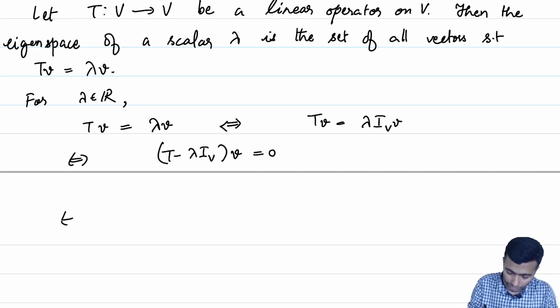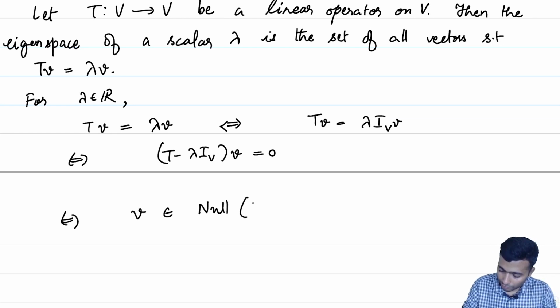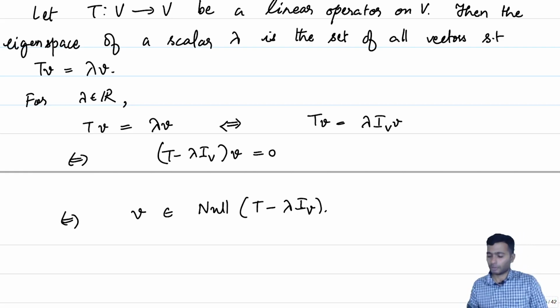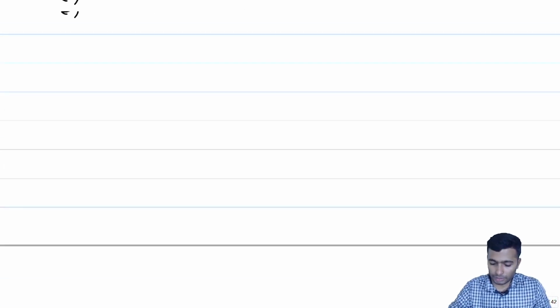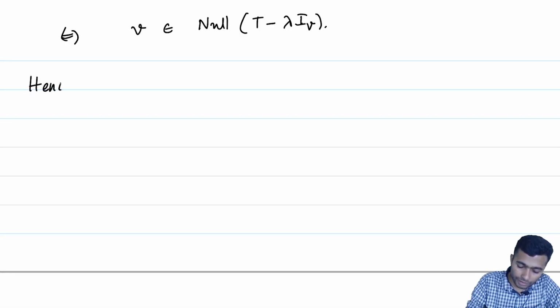That is if and only if v belongs to the null space of T minus lambda I_V. So, v is in the eigenspace of lambda.